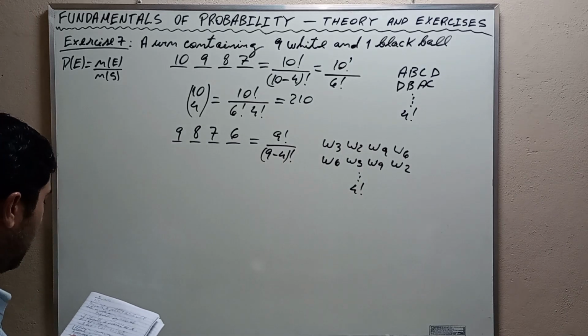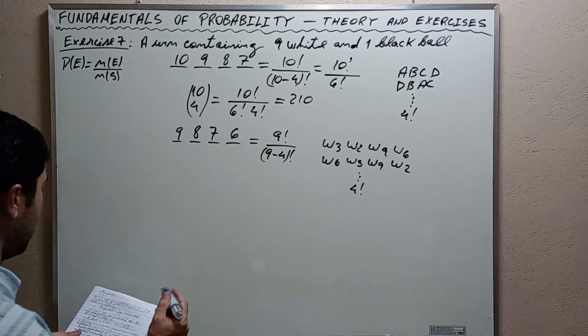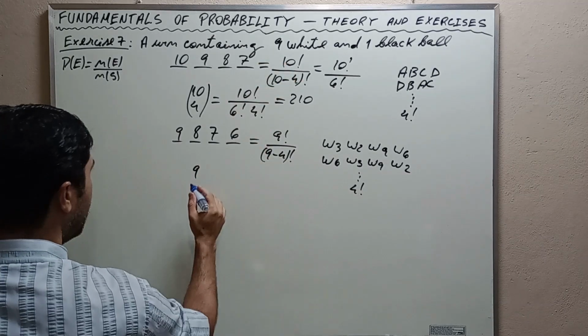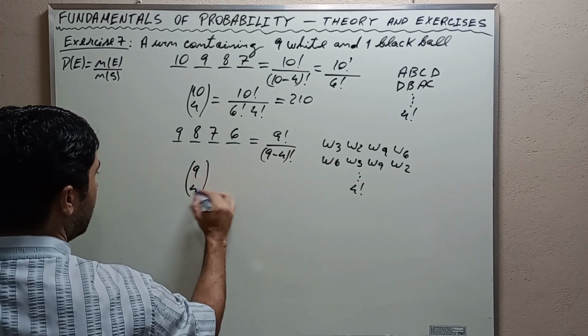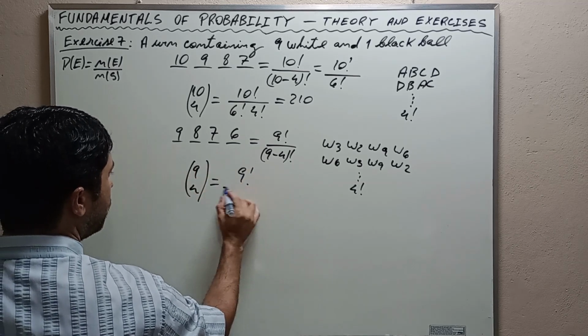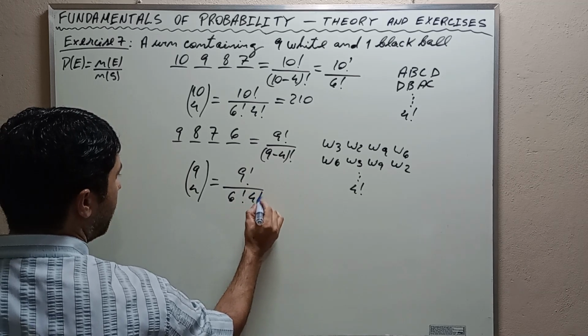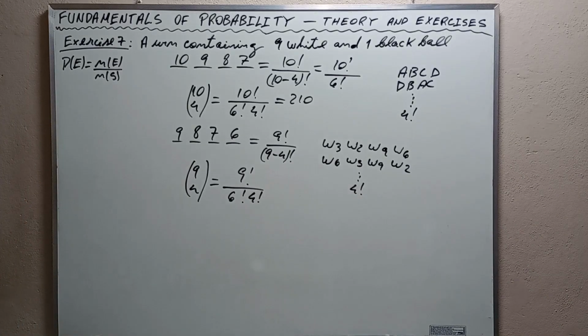Then the number of ways we can select only white balls is going to be the combination of 9 possible white balls taken 4 at a time. Okay? And this is 9 factorial over 6 factorial times 4 factorial. We are dividing by 4 factorial to remove the repetitions.